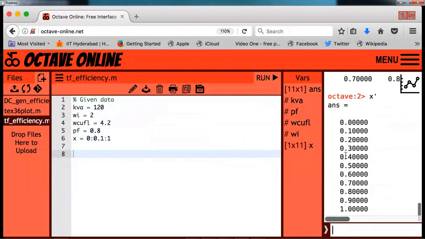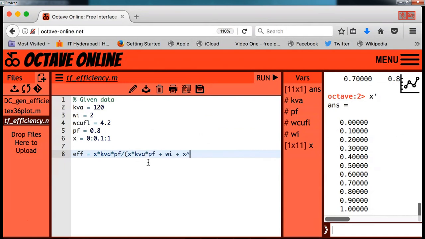At different values of load, I can find what is the efficiency. Now efficiency is nothing but X into full load kVA divided by X into full load kVA, of course into power factor also, plus iron losses plus copper losses.